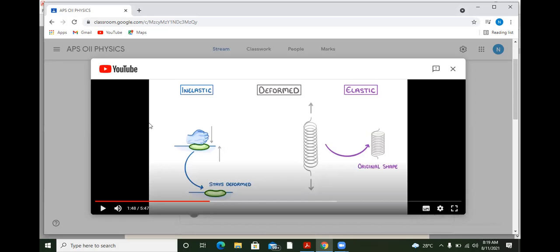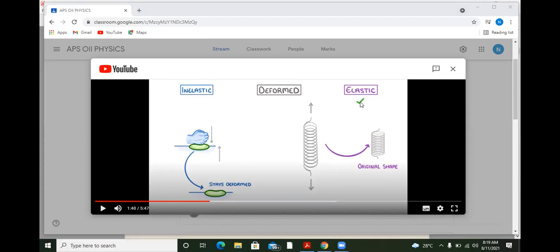But on the other side, we have inelastic deformation, meaning when we apply a force, a body gets deformed. You can see it gets permanently deformed. But what about the spring? It gets its original shape after we have applied force. It can change the shape, but as I remove the force, it comes back to its original shape. So this type is called elastic deformation.